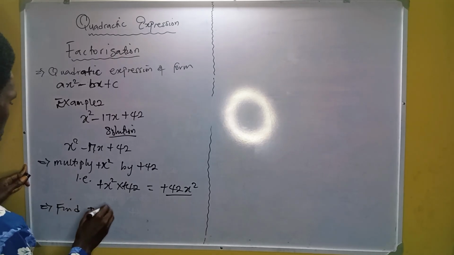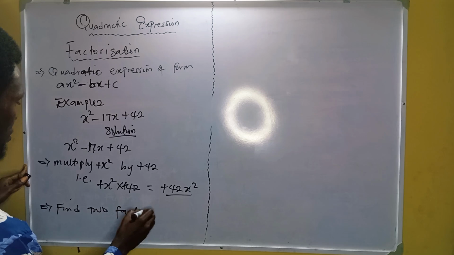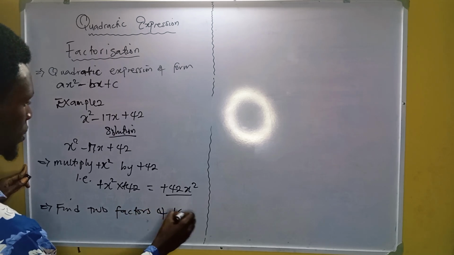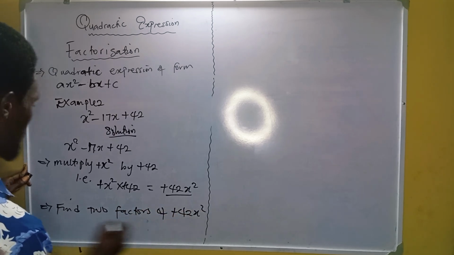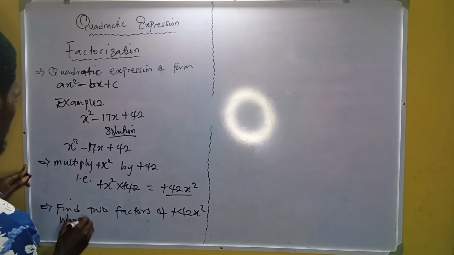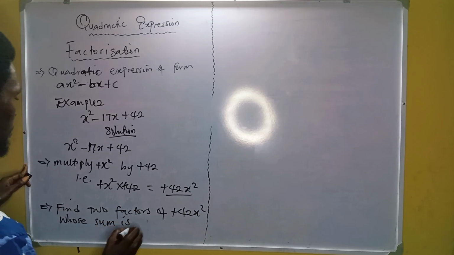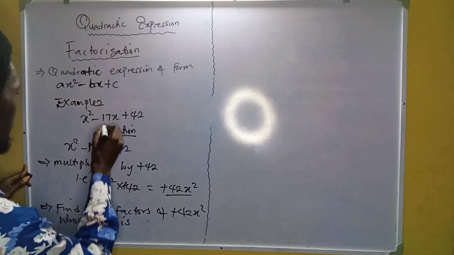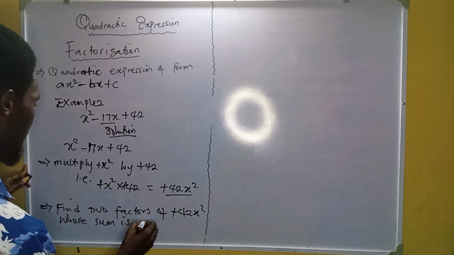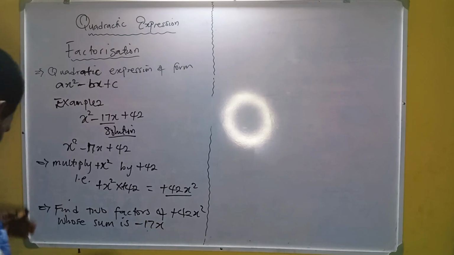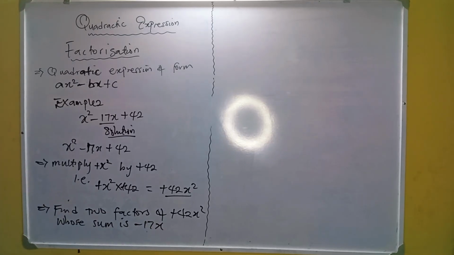So find two factors of plus 42x squared whose sum is what? The middle term, minus 17x.